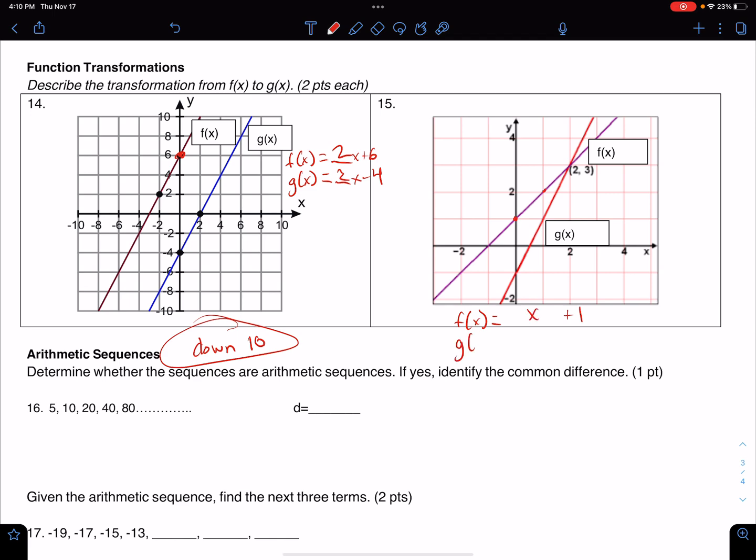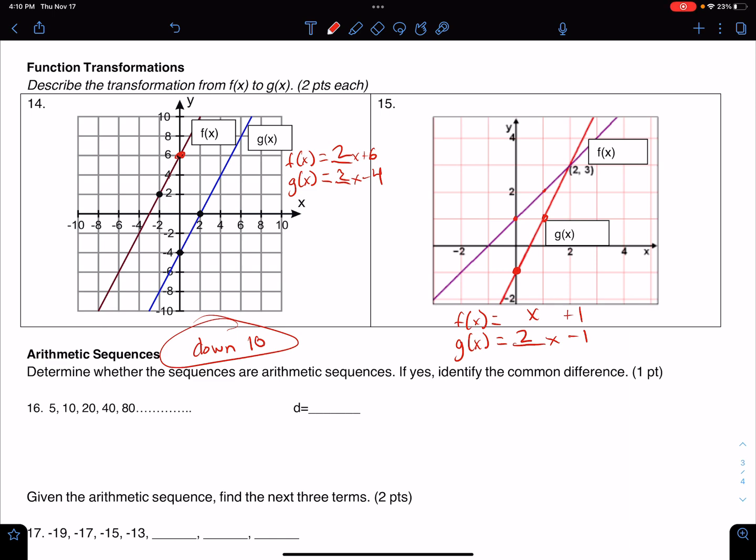Then g of x equals something x minus 1. So I have a dot here, and I have a dot here. This goes up 2, and it goes over 1. So I know my slope is 2x.